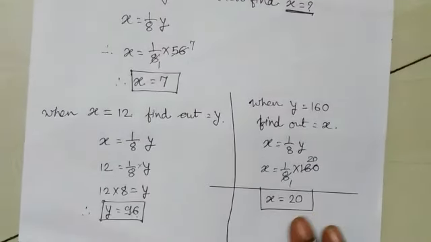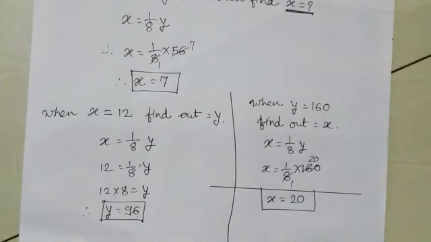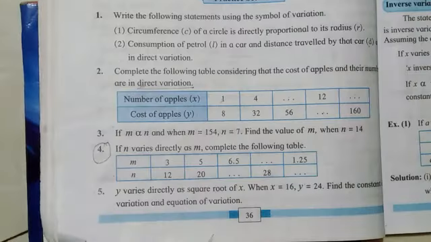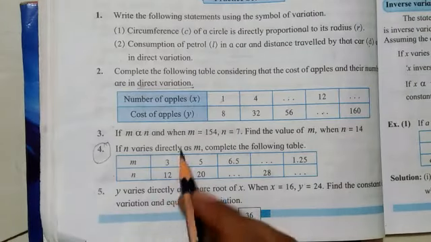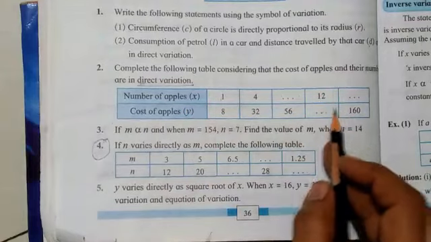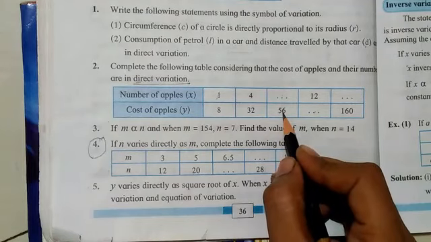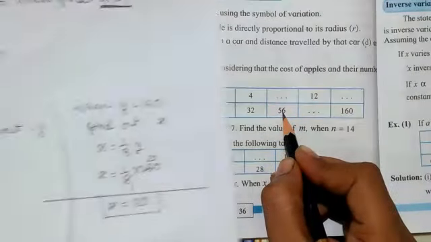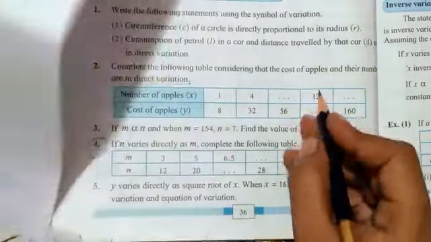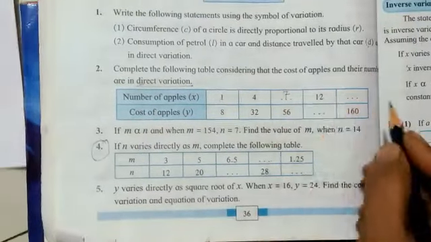Now students, these answers we are going to write in our chart. So at the end of the answer, we have to prepare this type of chart and put the values of these answers. So when y is 56, then x is 7, so we are going to write here 7.